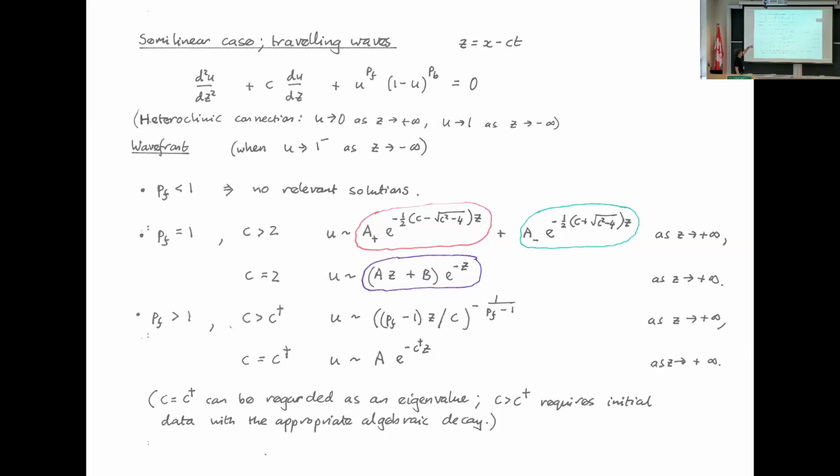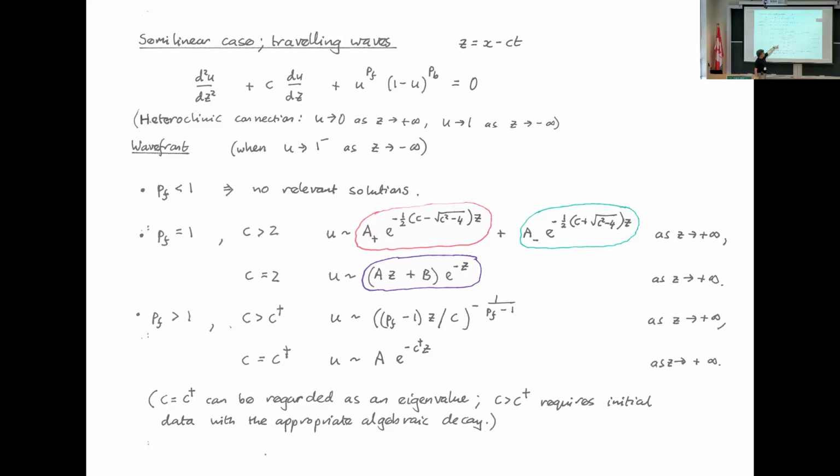That comment I made earlier about Gompertz and things, that is the best studied case, but is also non-generic because it's sitting between the two generic scenarios. So if P is bigger than 1, the minimum wave speed has exponential decay, which is where the first and second terms in the ODE balance, and the waves that are going faster decay algebraically, which is where the second and third terms balance in the far field.